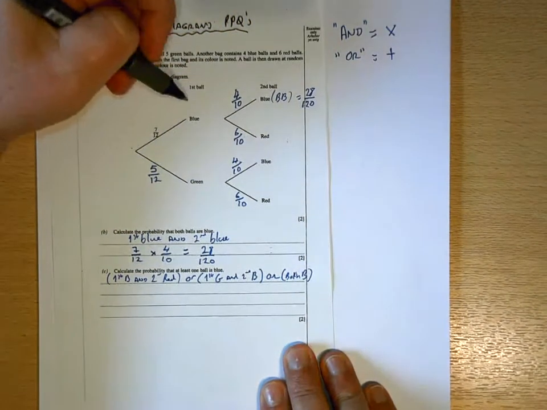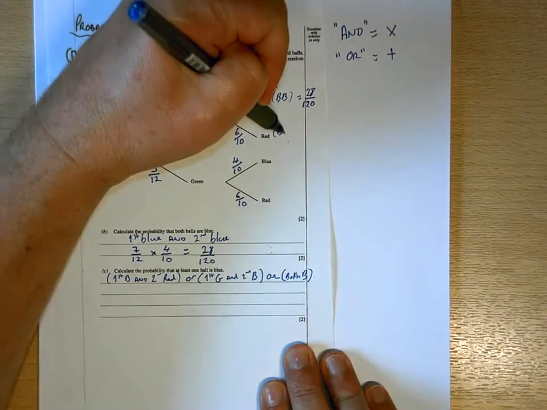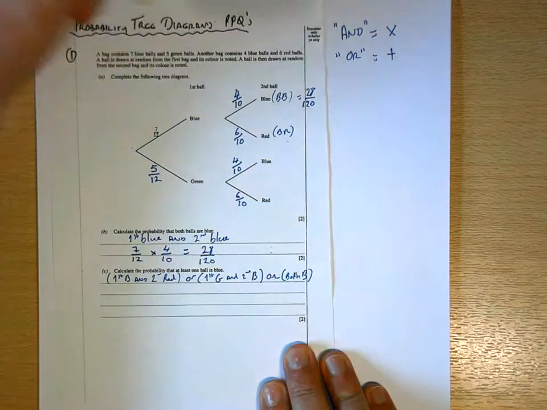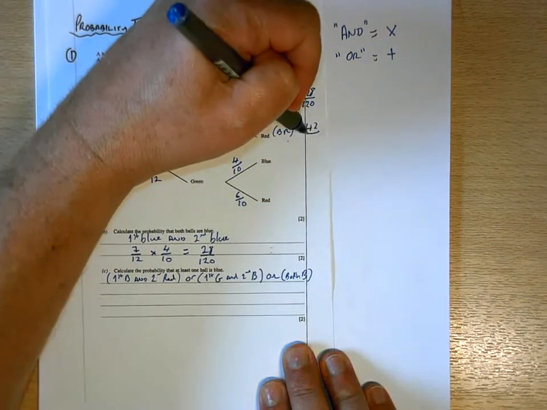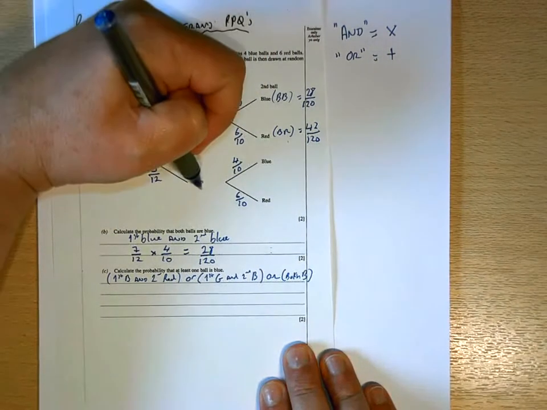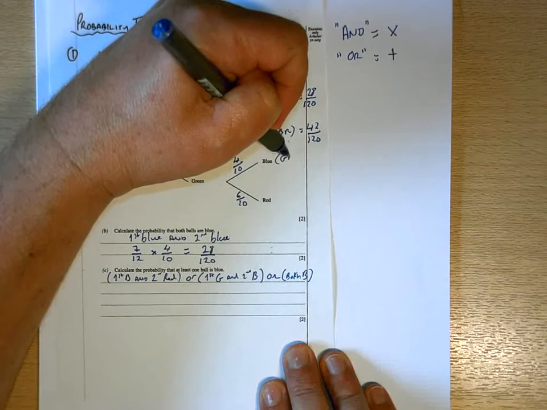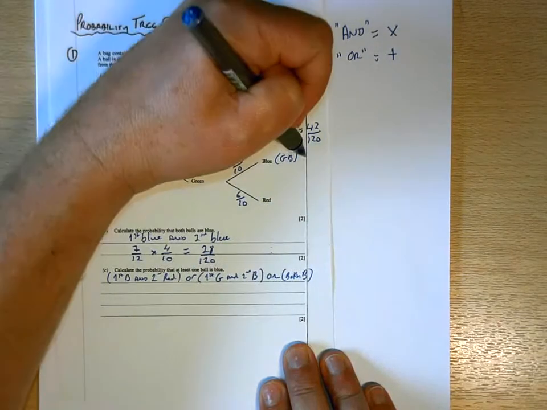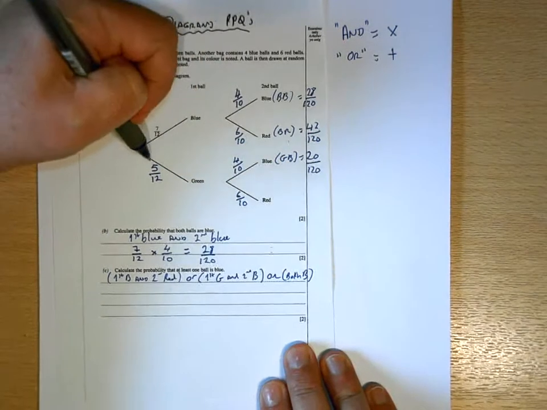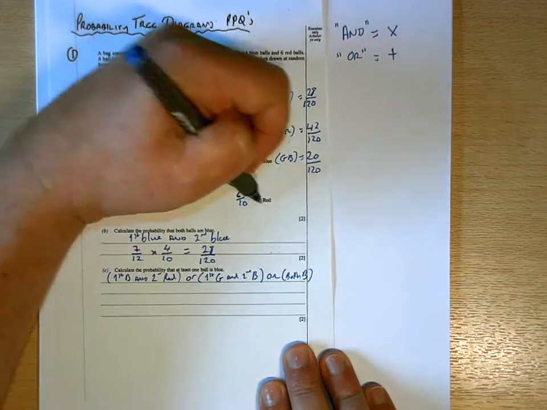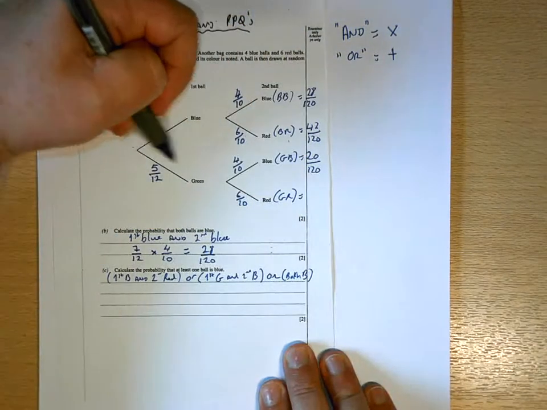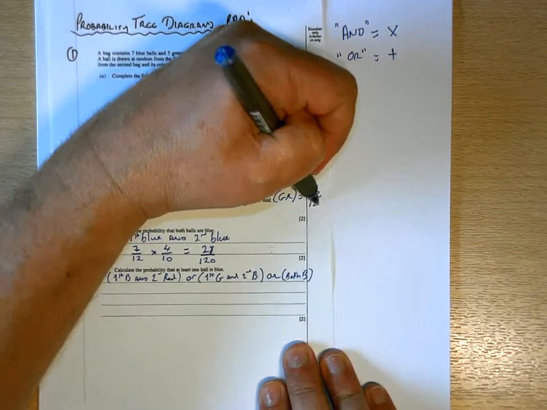This one would be blue and red, which would be 7 times 6 is 42 out of 120. If I go this way, it's green and blue, which is 20, 5 fours are 20 out of 120. And this one is green and red, which is 5 sixes are 30 out of 120.